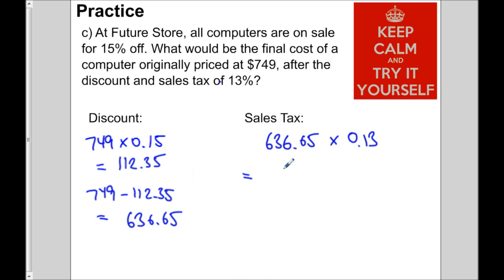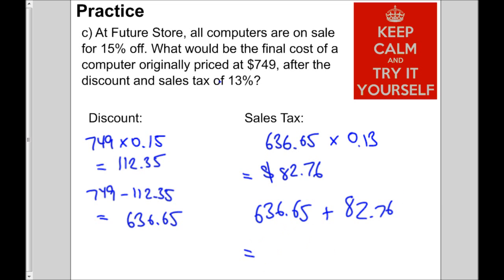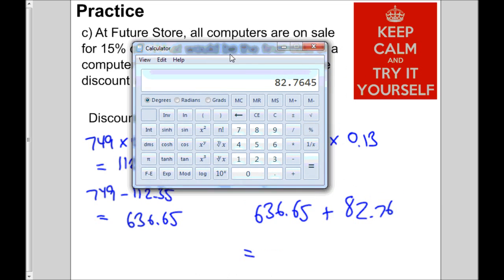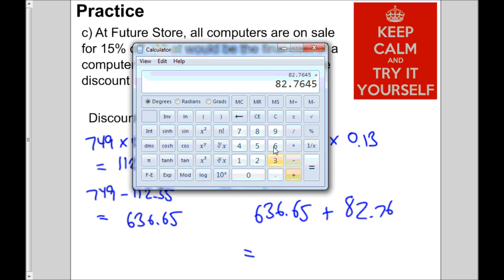Once we have the tax, we're going to add it back to the new price. So $636.65 plus $82.76. We add them up, and that's $719.41.